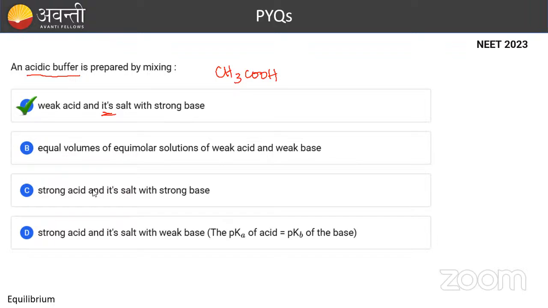This is the weak acid, and if this weak acid is treated with a strong base like NaOH, they will form a salt by the removal of water.